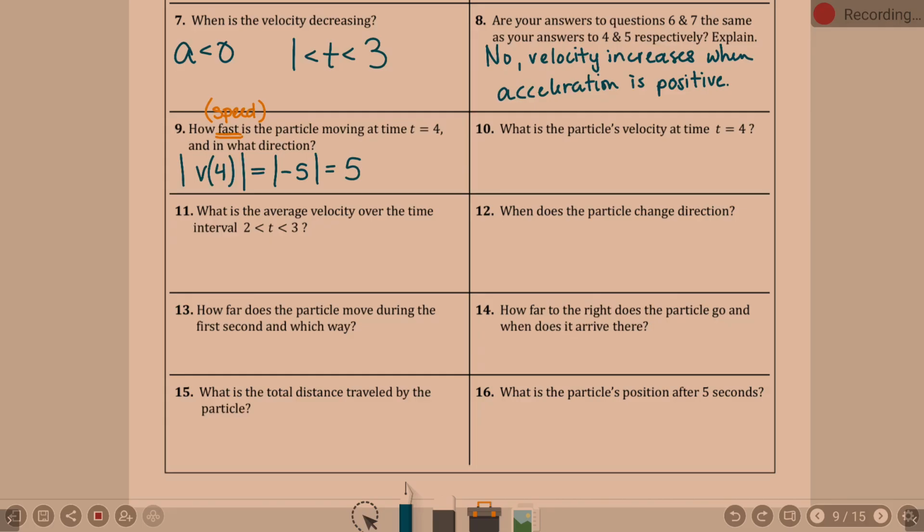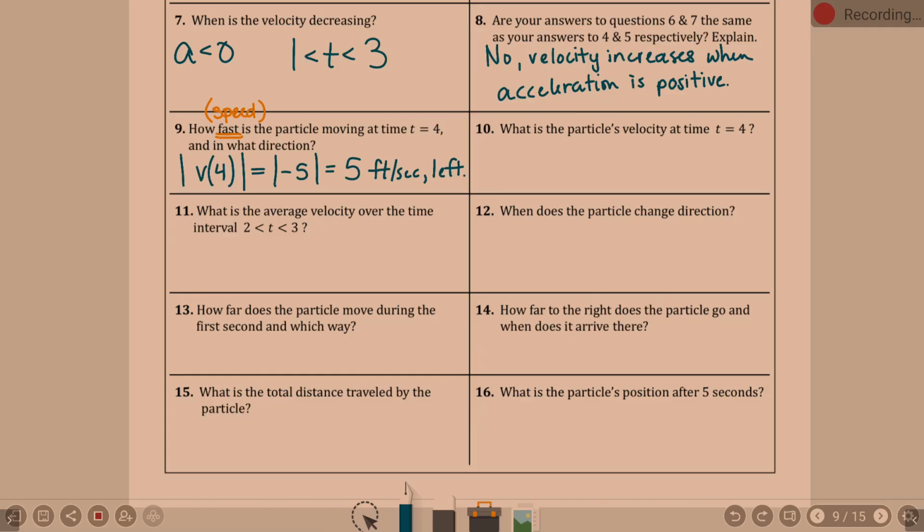And it did give units, didn't it? Yeah. So we could say that is 5 feet per second. And in what direction? Because velocity was negative, it would be moving in a negative direction, or left here, because they did say along a coordinate line. So the velocity is -5 feet per second.